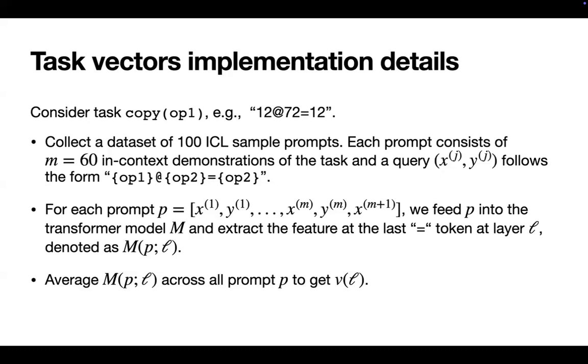We feed the prompt into the transformer model M and extract the feature at the last equals sign at layer L, denoted as M(p)_L. Then we average this vector, the feature at layer L, across all prompts to get a vector v_L. This is the vector we get at layer L.